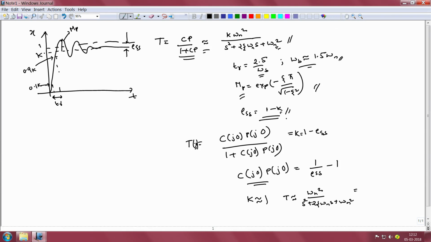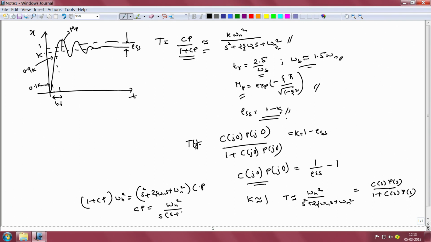Now, if I were to write this as C of s times P of s divided by 1 plus C of s times P of s, then I can undertake the algebra, namely that 1 plus C times P times omega n square is equal to s square plus 2 zeta omega n s plus omega n square times C P. By simplifying this expression, I would get C times P to be equal to omega n square divided by s times s plus 2 zeta omega n.